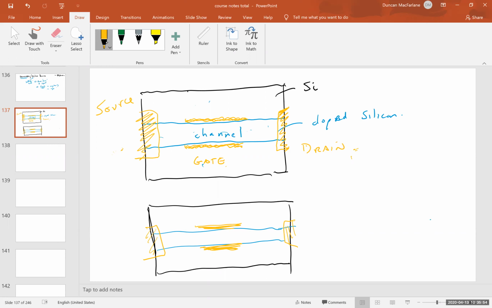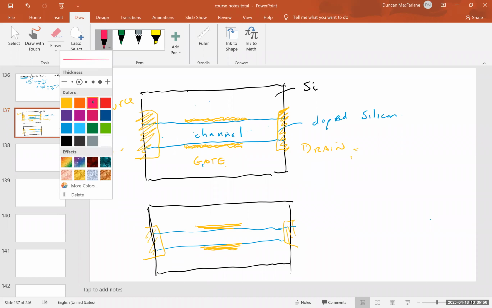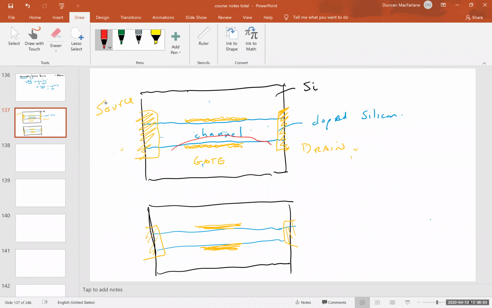And if I put one type of voltage onto the gate, the fields that go out from that voltage look like this and pinch off.